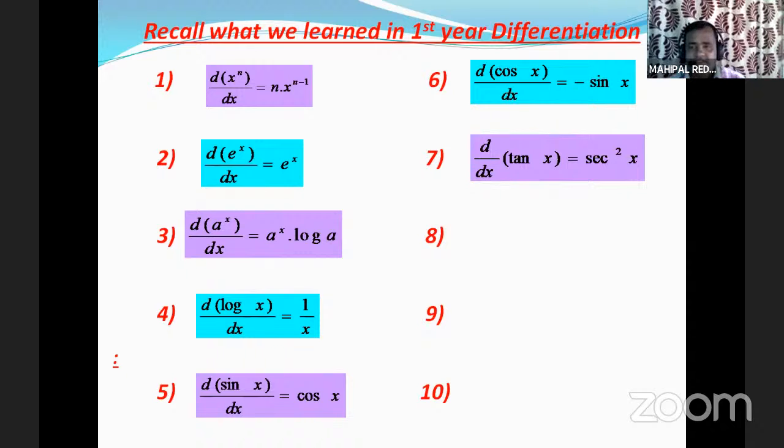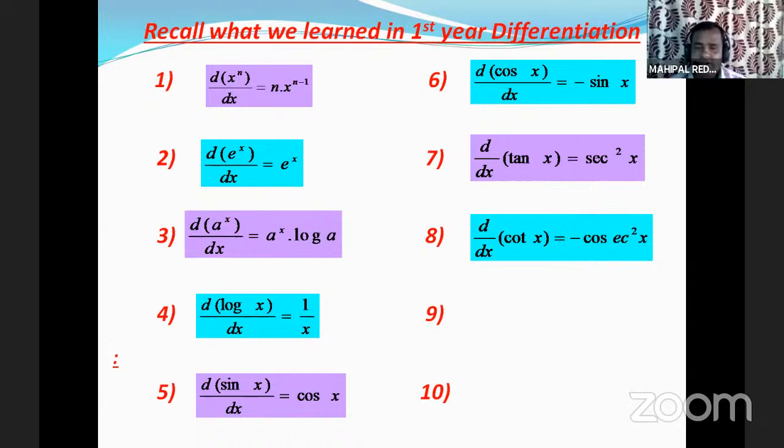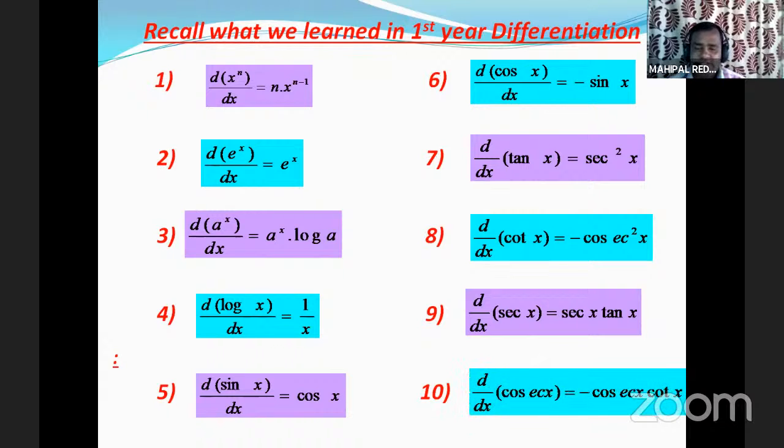Derivative of tan x is sec square x. Derivative of cot x is minus cosec square x. Derivative of sec x is sec x into tan x. Derivative of cosec x is minus cosec x into cot x.